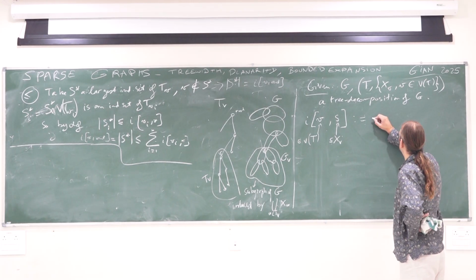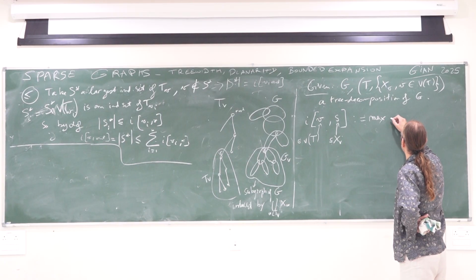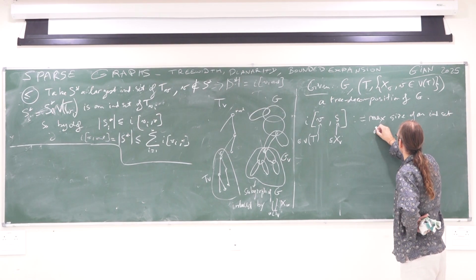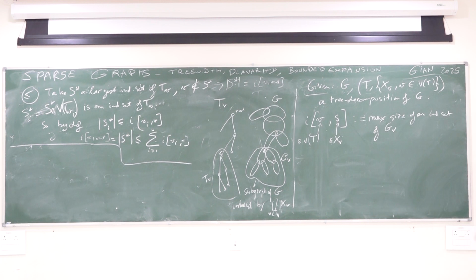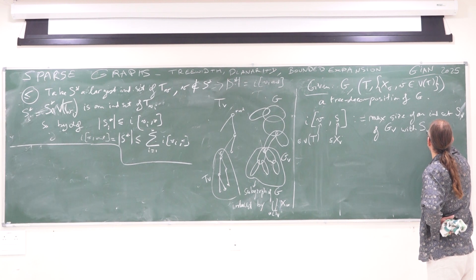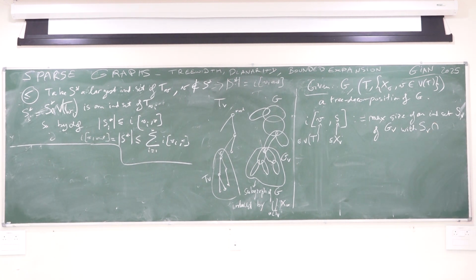This is the max size of an independent set of GV. It's not too confusing. Maximum size, well, let's call it a star, star for optimum. Maximum size of an independent set, let's say SV, in GV, which intersects our bag precisely in this S.